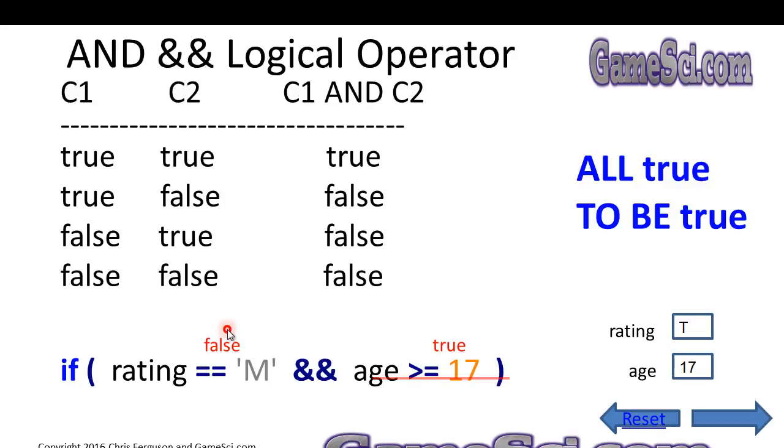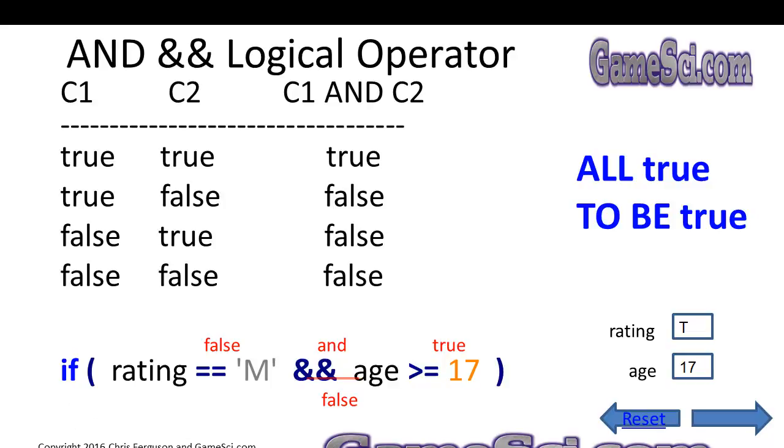So one side is false, one side is true. Looking at the truth table, what is my result? It's going to be false. If you AND a false and a true together, the overall result would be false. This if statement is going to evaluate to false, and if there is an else, that will execute, not what's in the if portion of the code.